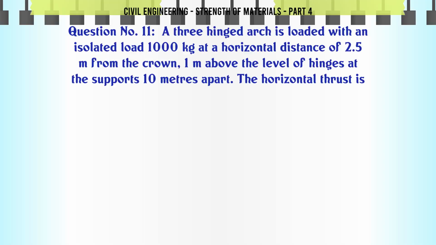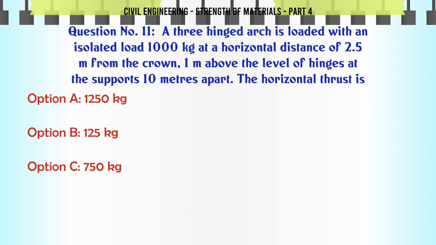A 3-hinged arch is loaded with an isolated load 1000 kg at a horizontal distance of 2.5 m from the crown, 1 m above the level of hinges at the supports 10 meters apart.